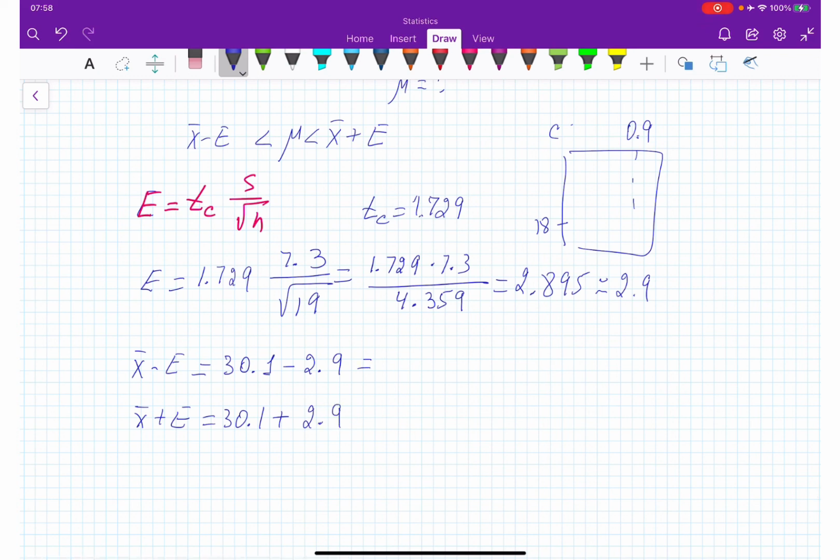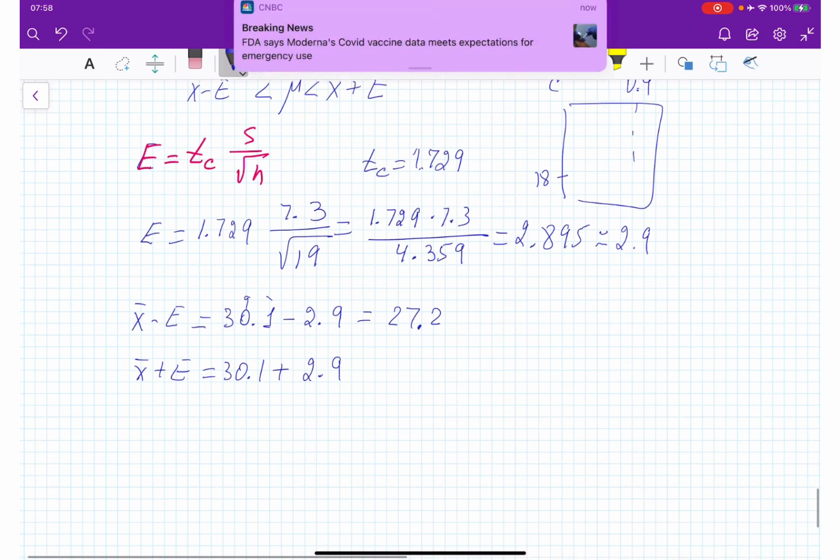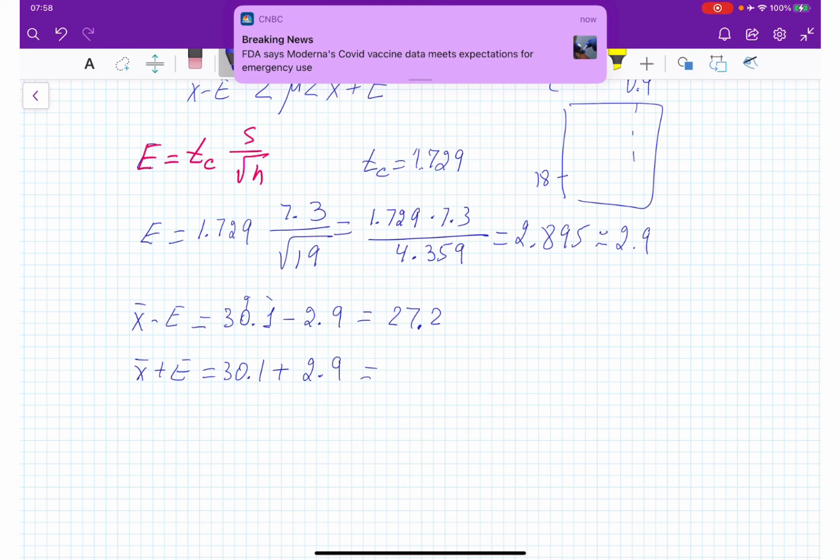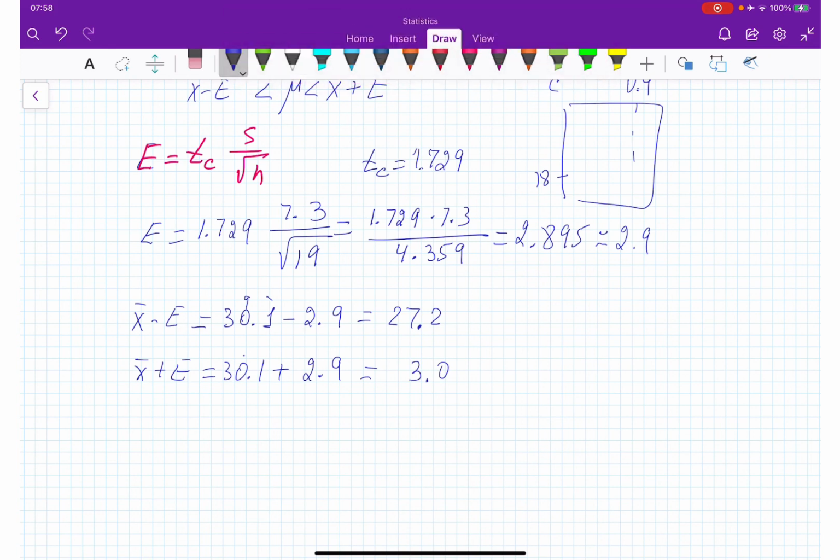So first one, minus: 30.1 minus 2.9. So 11 minus 9 is 2. Here we have 9, 9 minus 2 is 7, and instead of 3, we have 2 left. That gives 27.2. Okay, now if we add, 1 plus 9 is 10, and then 0 plus 2 is 2, and 1 rolls over, from 1 plus 9.